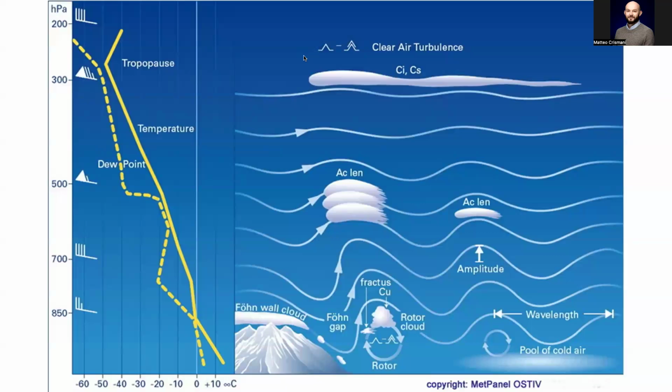So this is a really fun panel. This is pressure. When you think about an atmosphere, you tend to think about it in terms of height. But some modelers and some meteorologists prefer to think about it in terms of pressure scales.